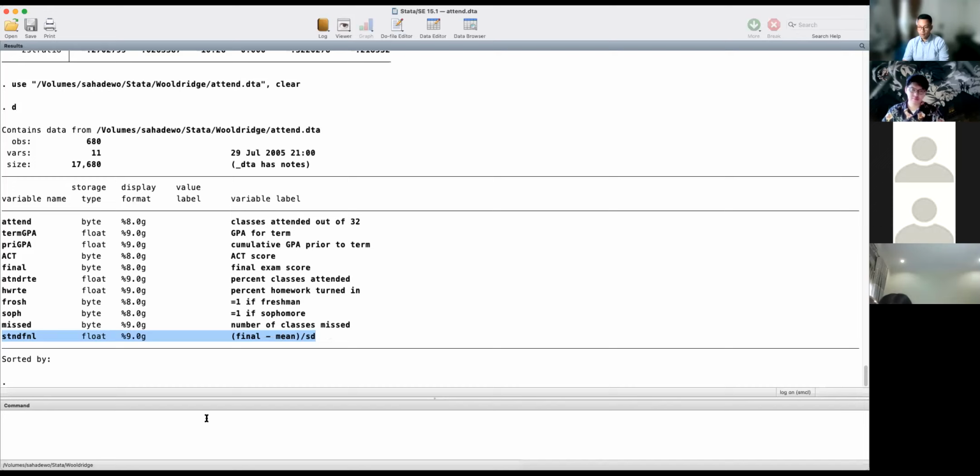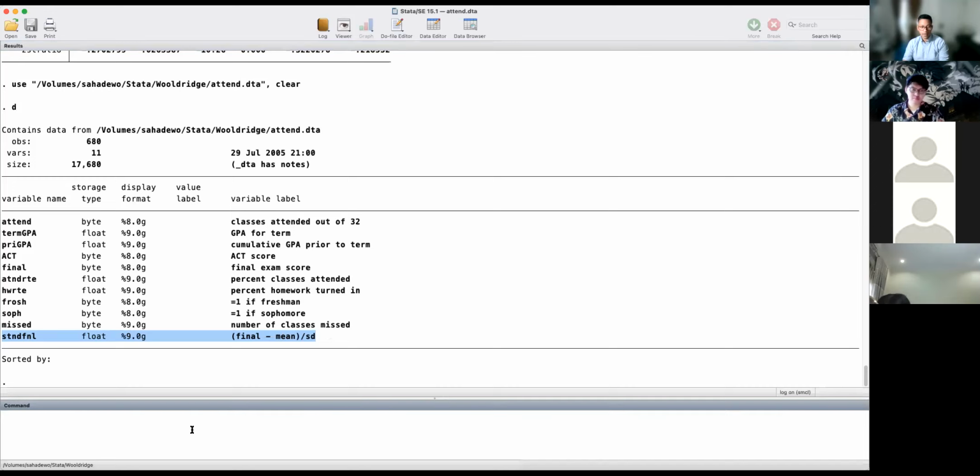Okay, so let's do the regression, and I'm going to ask you to pay a bit of attention because I'm going to do a bit of regression that you haven't seen before. So here I'm going to use standardized final as the dependent variable. I'm going to use prior GPA as one of the explanatory variables. Now I'm using c. to indicate to Stata that prior GPA is a continuous variable.